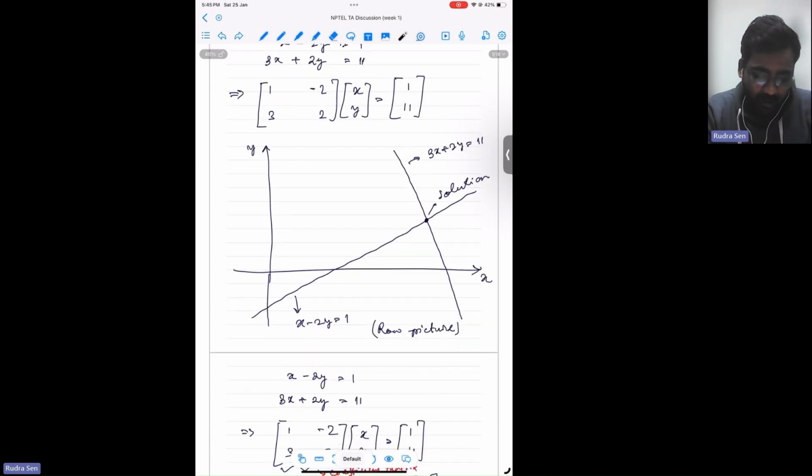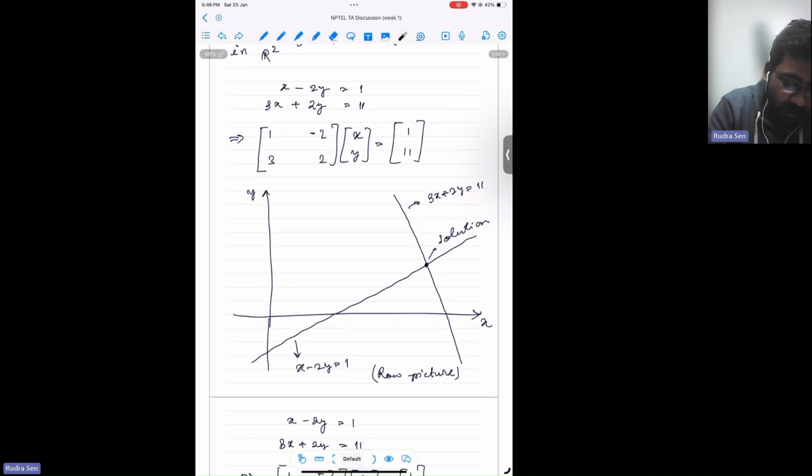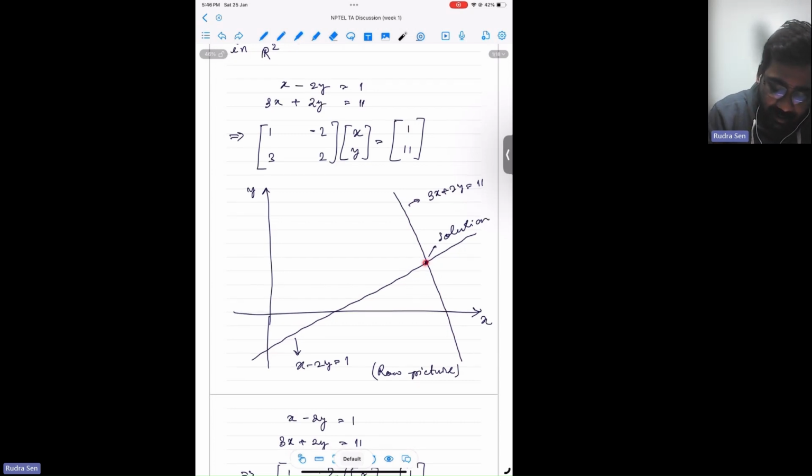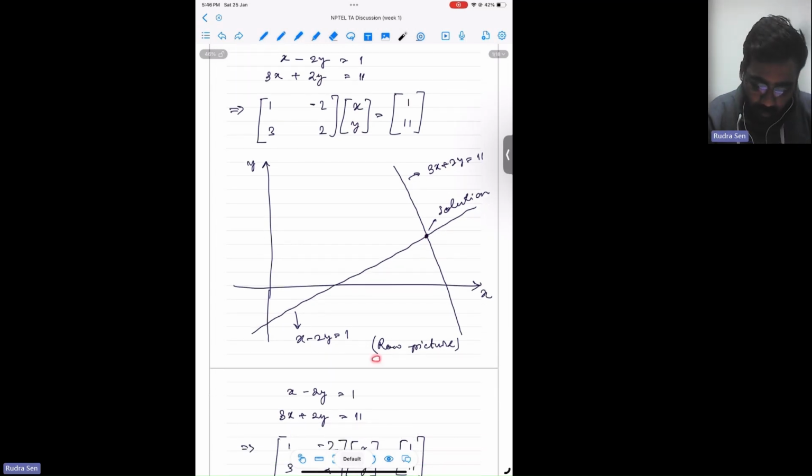Now the row picture means we look at each equation separately. The graph of x minus 2y equals 1 is something like that, and the graph of 3x plus 2y equals 11 is something like this. This is in xy, in two dimensions. We know that there is an intersection of these two lines, so we have a solution. This is basically the row picture.